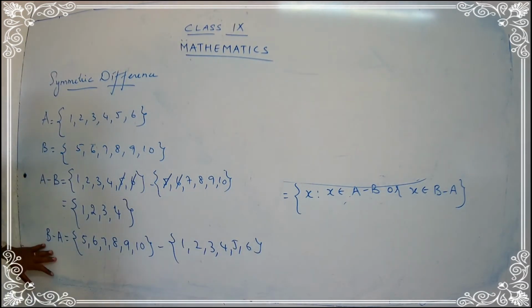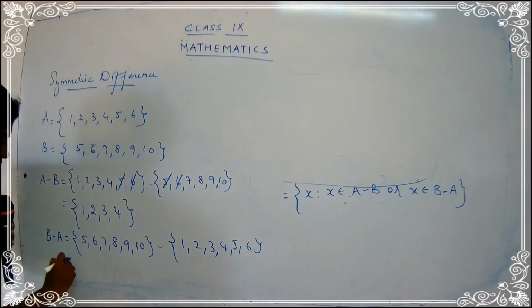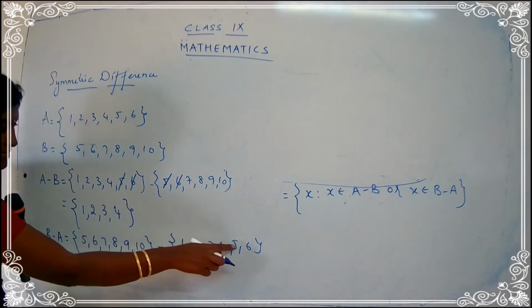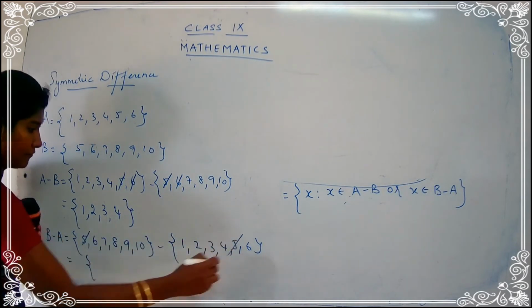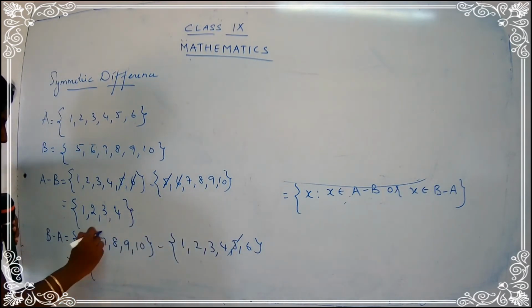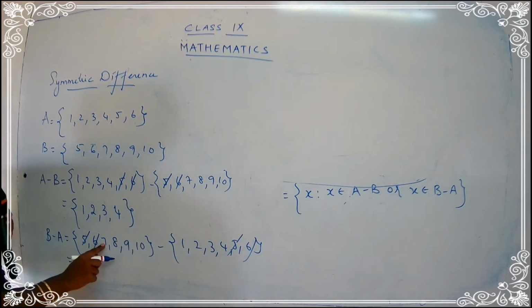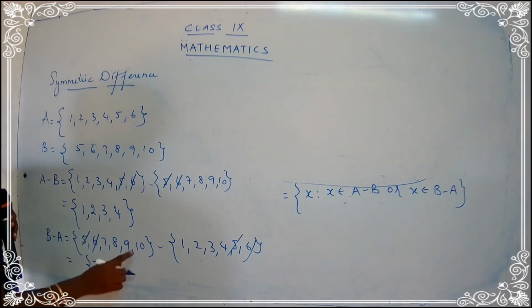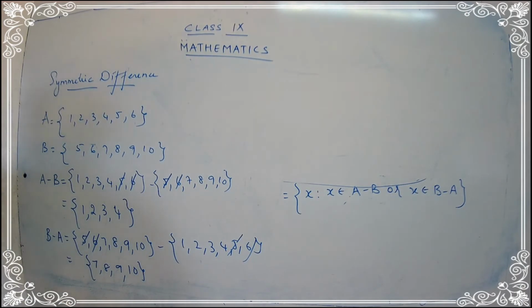B minus A is equal to present in B. You have to take the members in such a way that they are only in B, not in A. Okay. See, 5 is present in both the cases. So I cannot take 5. 6 is present on both sides. I cannot take 6. 7 only in B. I can take 7. 8 only in B. 9 only in B. And 10 only in B. So we have taken 7, 8, 9, 10.